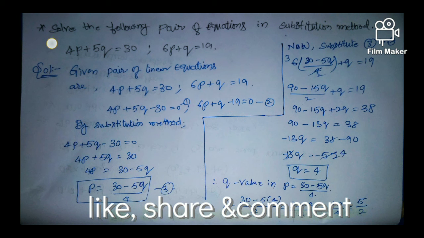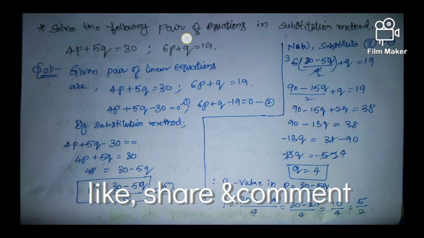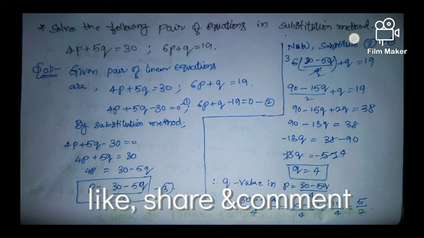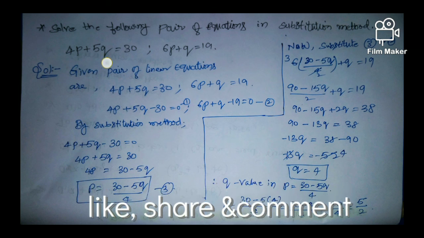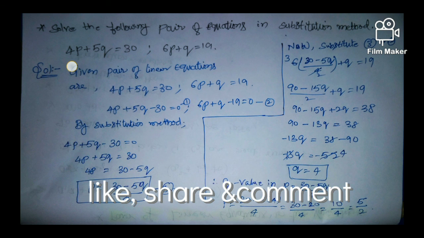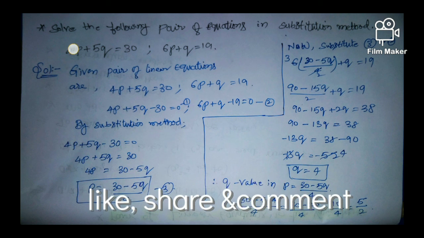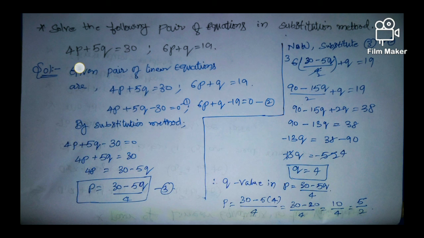So the next question is, solve the following pair of equations by the substitution method. Here the given two linear equations are 4p + 5q = 30 and 6p + q = 19.